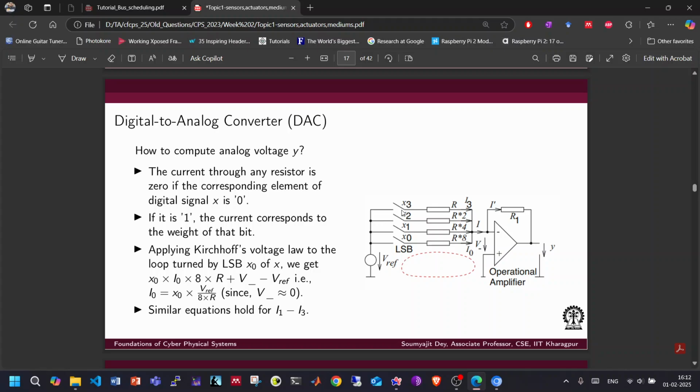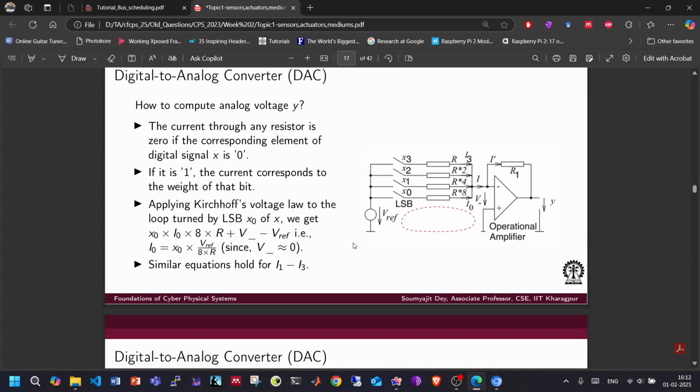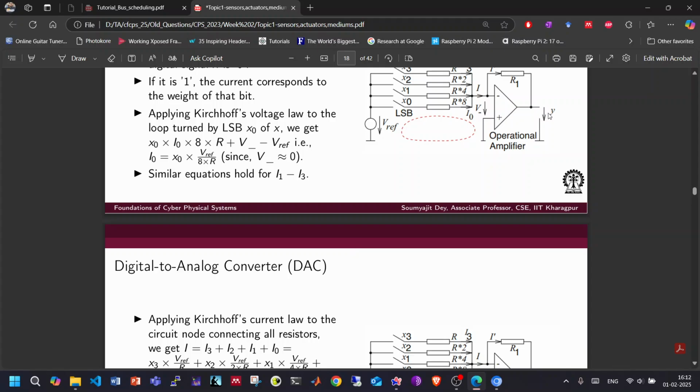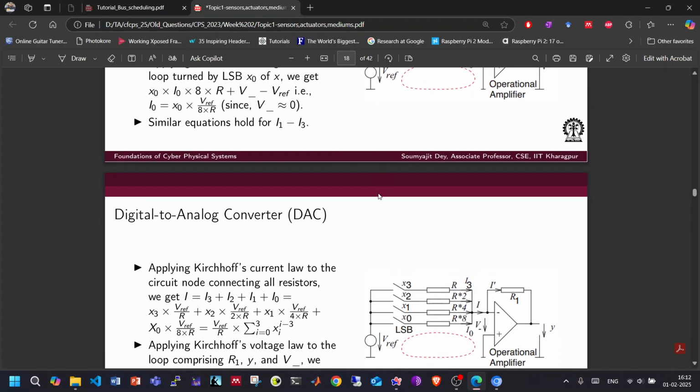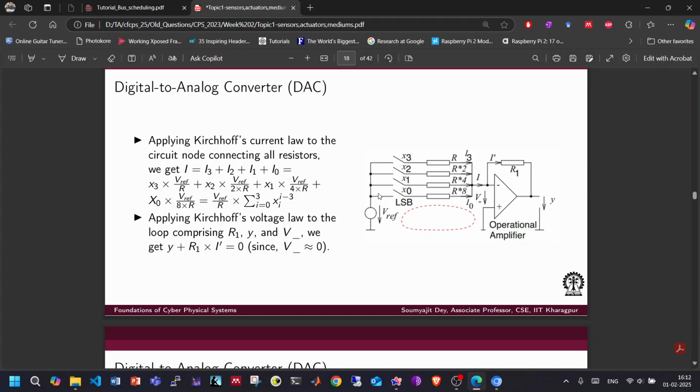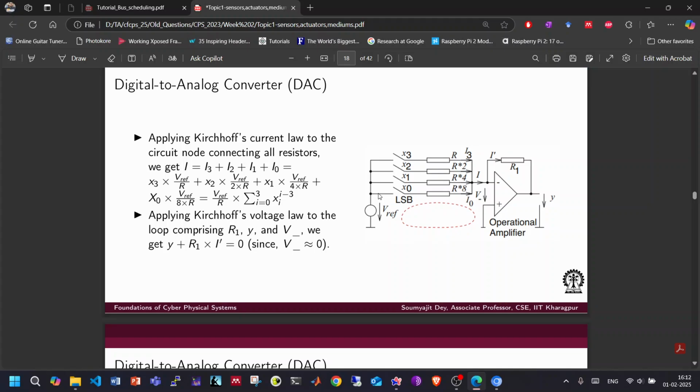Based on the change in the bits, you apply resistance to this circuit, and based on that you can measure the output of the circuit, that is the analog output of the circuit. I think the professor elaborately explained this, so I don't need to explain it. You can expect something similar in the exam. So understand this very well. If you don't understand this, you can tell me now.